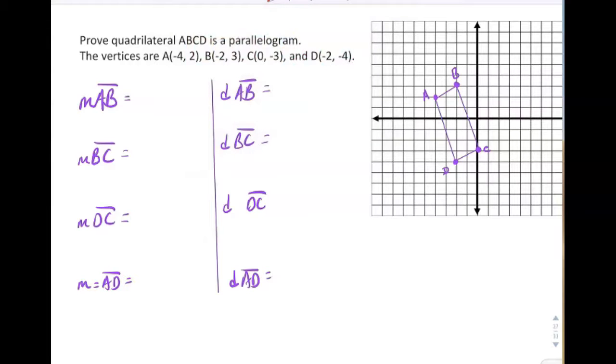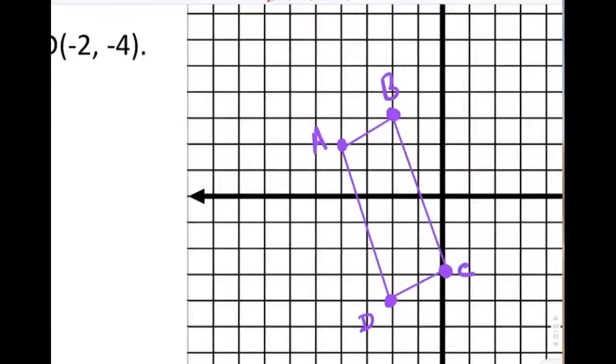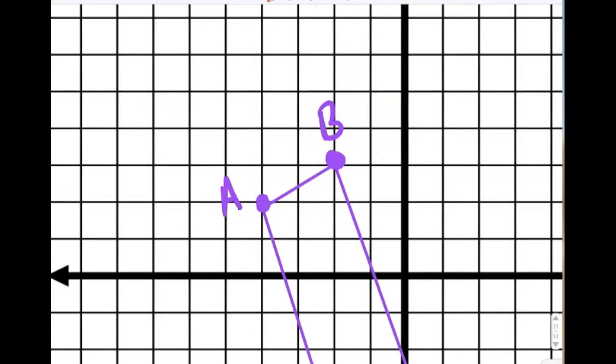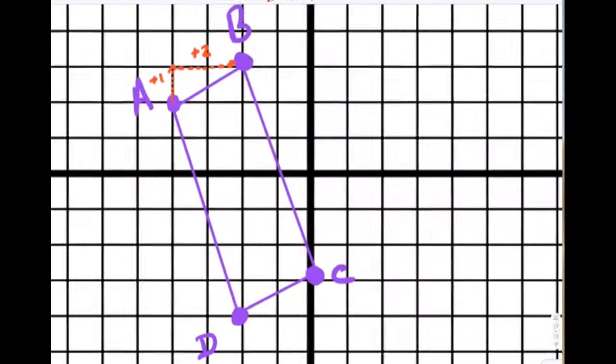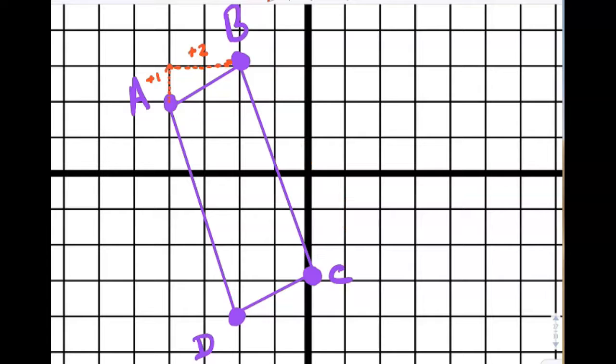So slope of A to B, right here. To get from A to B, you go up 1 over 2. Up 1, to the right 2. So the slope of AB is 1/2. Now, from B to C, that looks like we're going downhill. You always have to go up or down first.